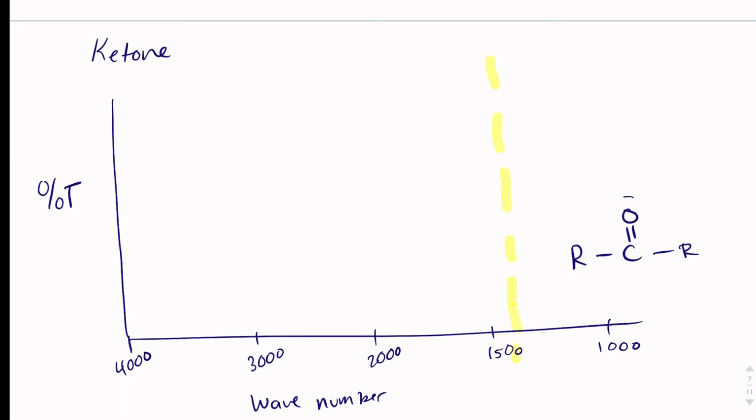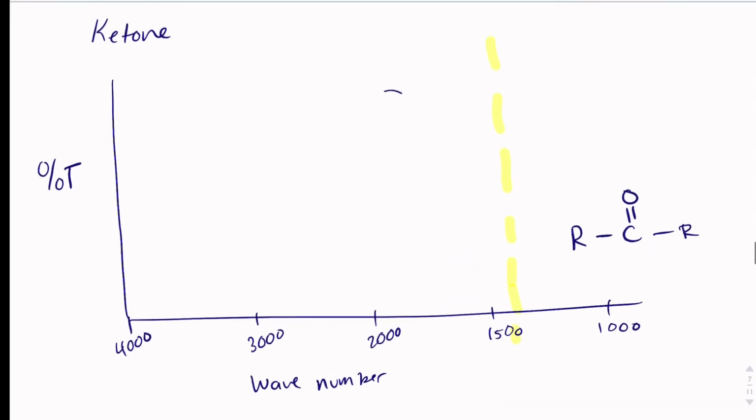So the distinguishing characteristic is this CO double bond. Now, double bonds occur between 1,500 and 2,000. 1,600 is CC double. 1,700 is CO double. So that's kind of nice. That just kind of rolls off the tongue once you see this a couple times, so that'll be nice. So I want to make sure I have this at about 1,700-ish.